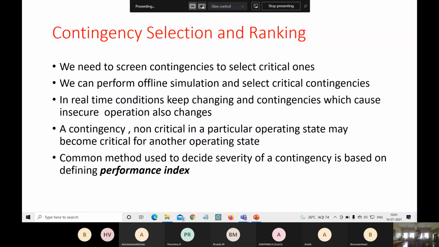As we know from load forecasting, the system has a huge amount of data, and these data will not be constant throughout the system. So in order to get the analysis, we have to go for real-time analysis and real-time simulation tools. In real time, the data keep on changing, and the contingencies which are insecure operations also change.